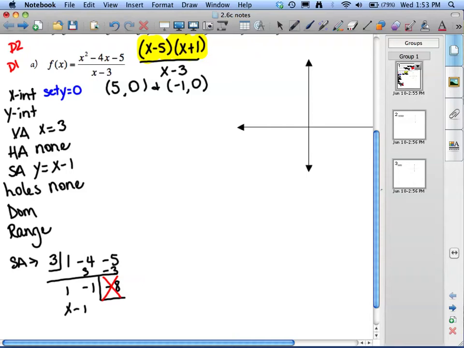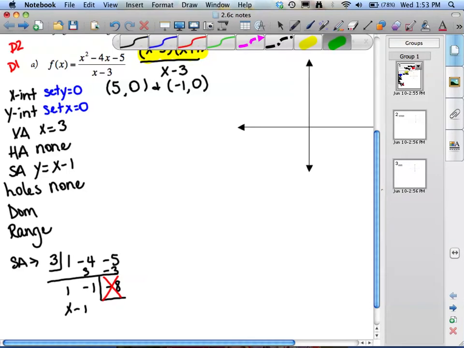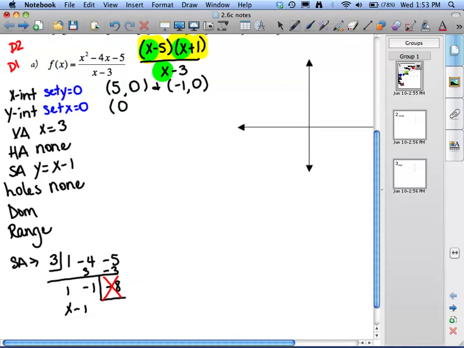To find the y-intercept, you set x equal to 0. So in our problem, everywhere there's an x, here, here, and here, you put in a 0. So I would get -5 times 1 over -3.